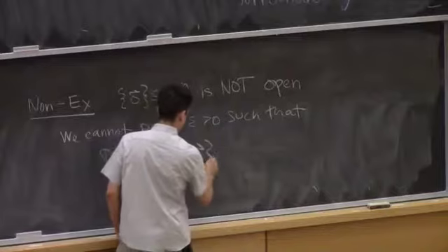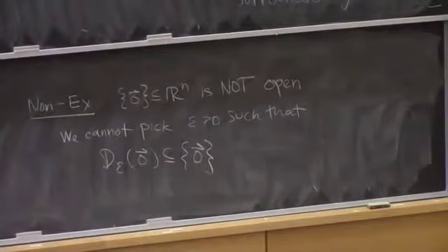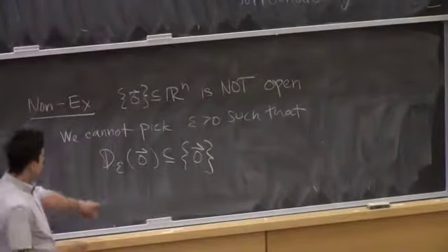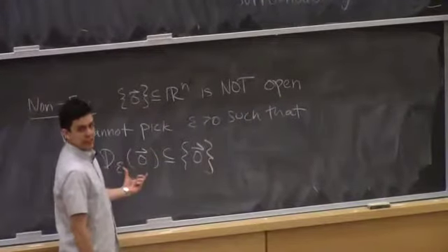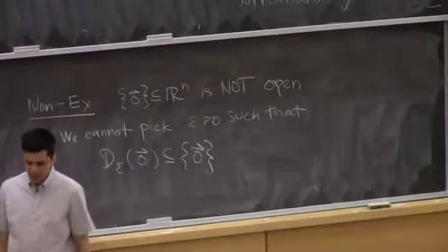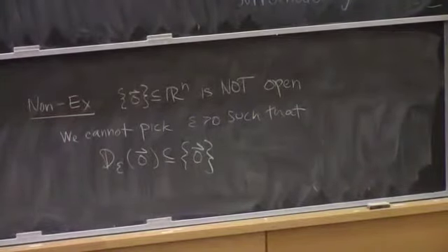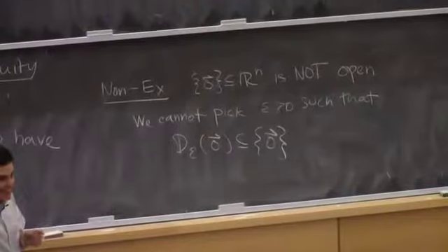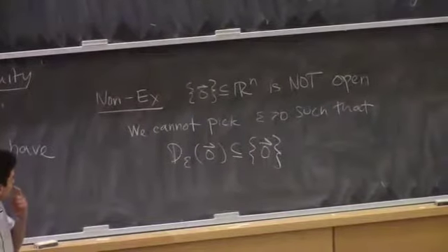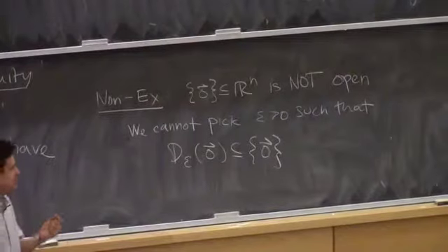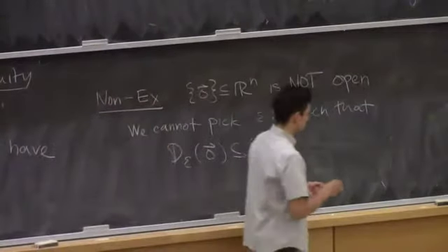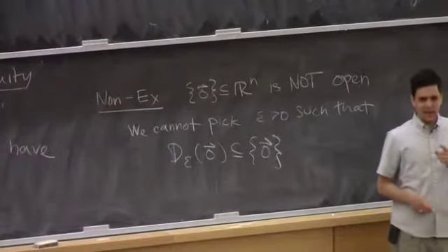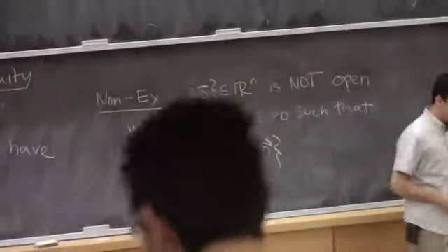We can't pick any value epsilon that will make this work. There's only one point in here, and all of these disks have infinitely much stuff in them. So that one's not going to be open. Yep, it's closed. No, we can't. Open's a very tricky word, and weirdly enough, its antonym is not closed. I'm not going to get into closed right now, but that's a tricky thing.